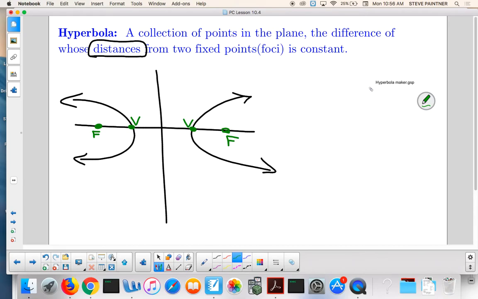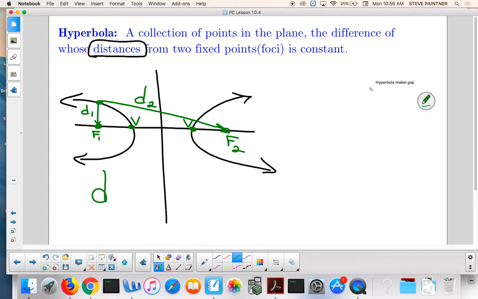Okay, so here is what this definition says. If you pick a point, any point on the hyperbola, and you take that distance from here to here, so point to focus, F1 we'll say, and point to the other focus, F2, well, what it's trying to tell you in the definition is if you take this distance, call that distance 2, call this distance 1.